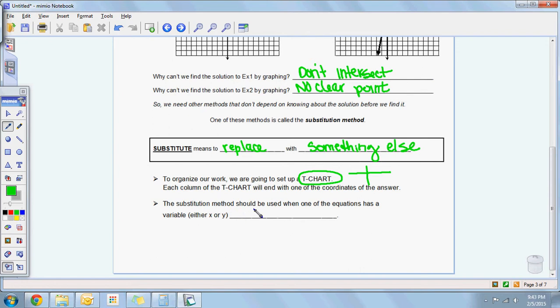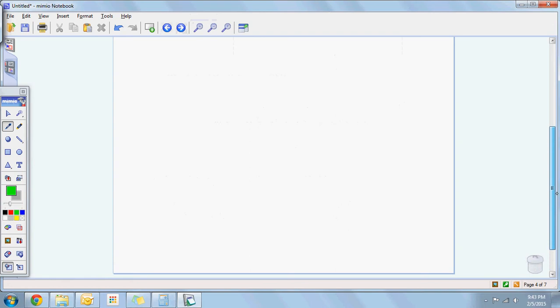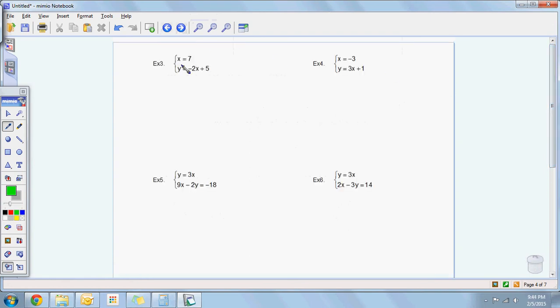The substitution method should only be used when you have a variable by itself, and all of the examples that you're going to be given today will have either an x or a y all by itself on one of the equations.